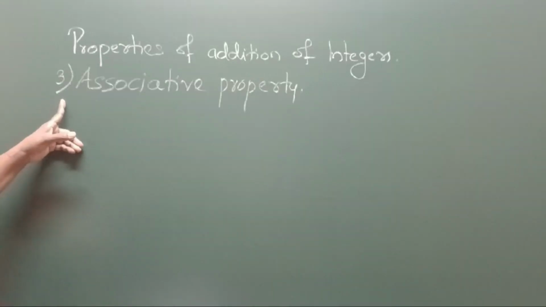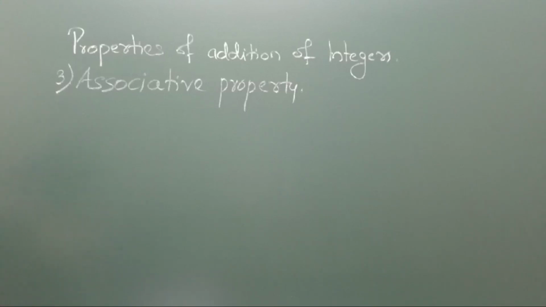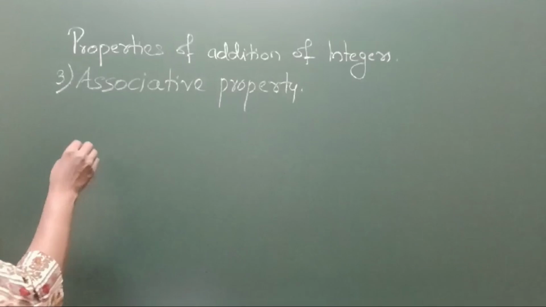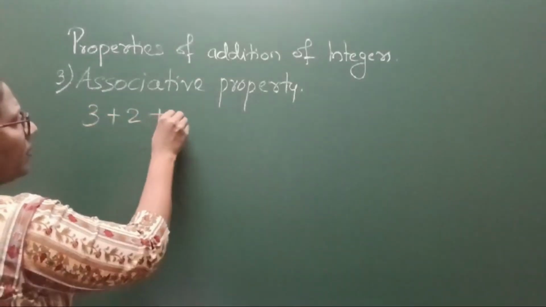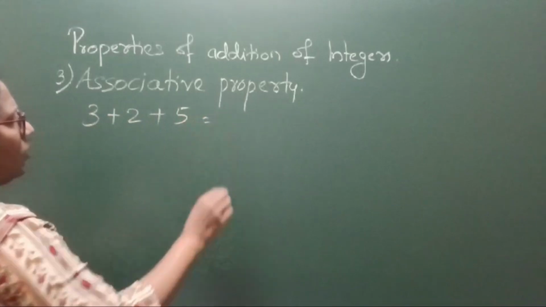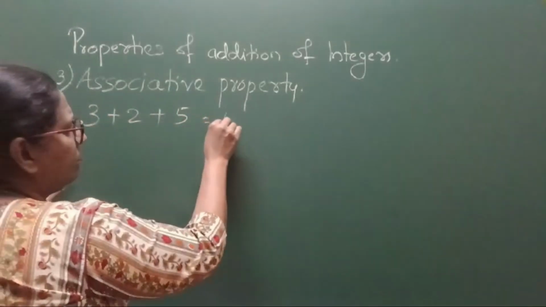Third property is associative property. 3 or more integers can be grouped in any order to find their sum. Let's see. 3 plus 2 plus 5 is equal to 10.